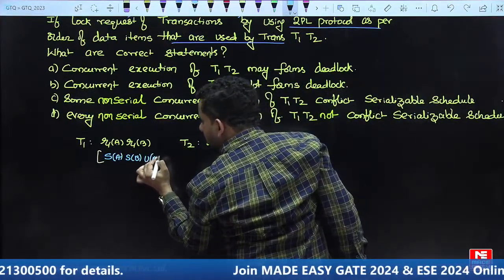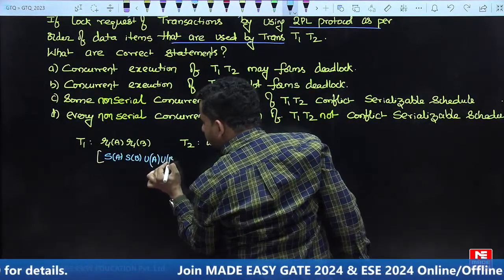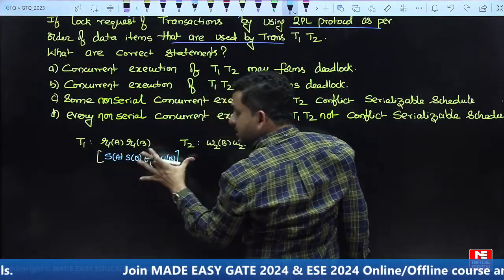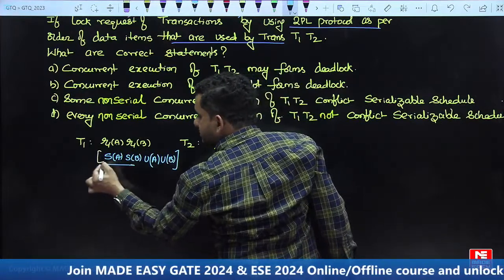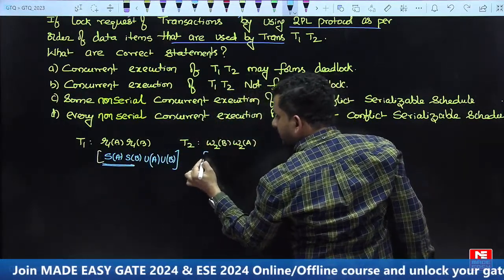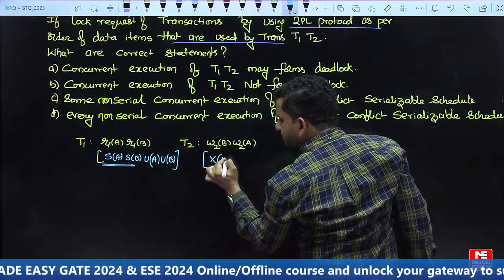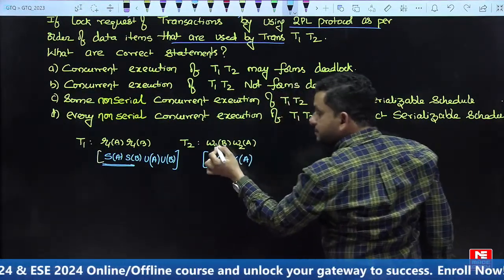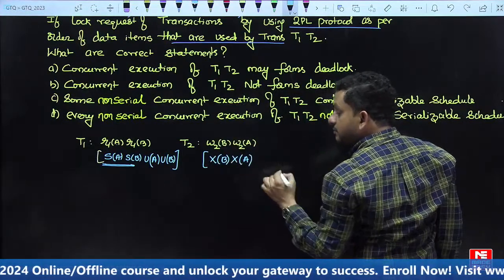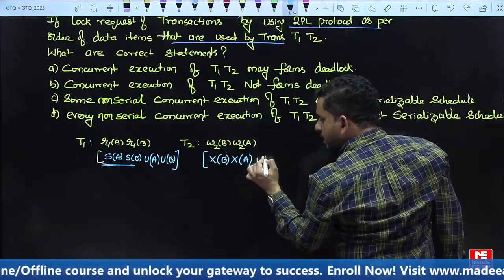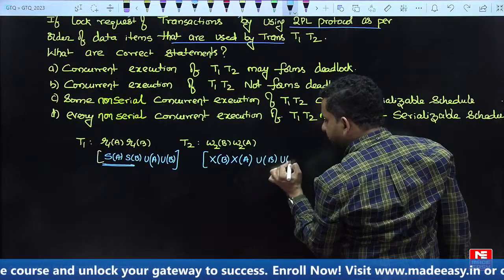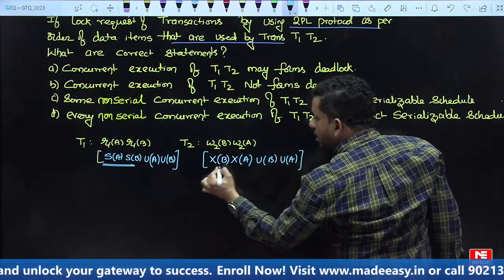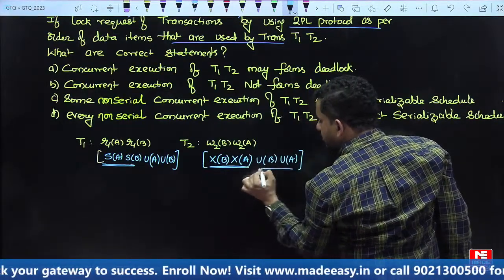T2 takes an exclusive lock on B and an exclusive lock on A, because B is written first and then A, and then unlocks B and A. All locks, then unlocks.